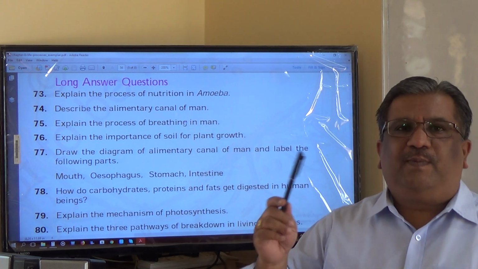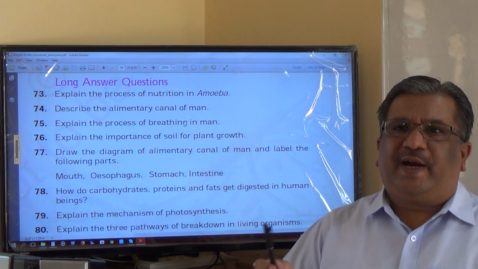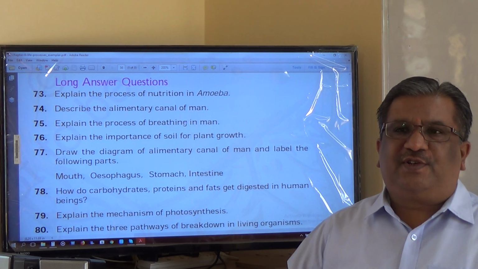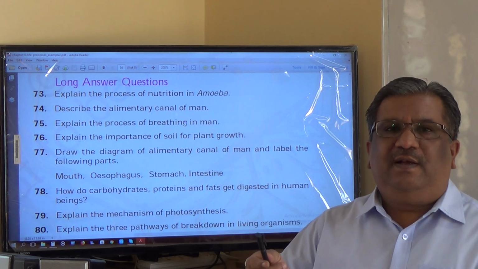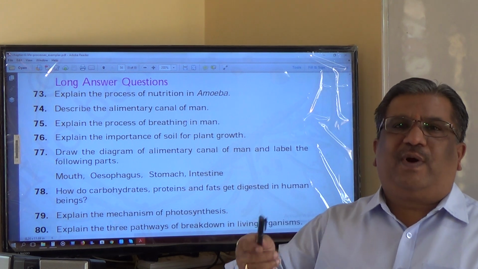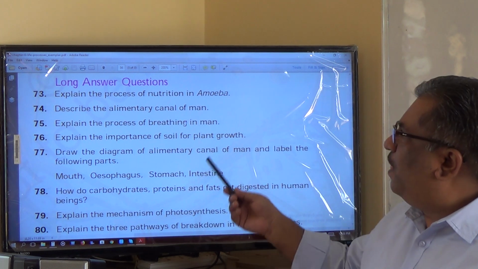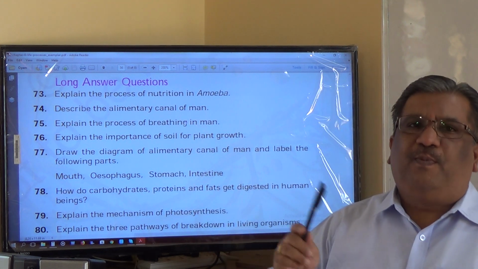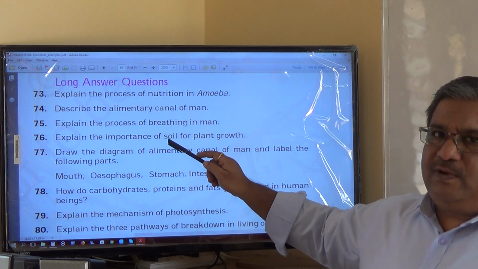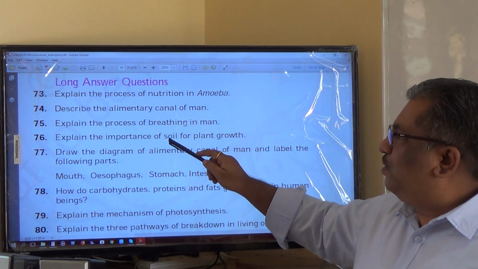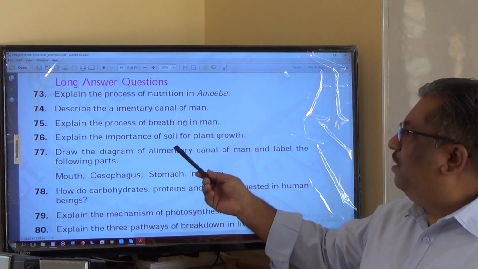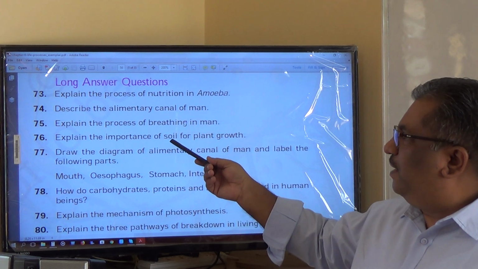Because for atmospheric nitrogen fixation, the bacteria present in the soil help in conversion of nitrogen into the form of nitrites and nitrates that are required by the plant and can be absorbed by the plant. That means only if the top soil is porous will the plants grow. Also, the soil provides water and minerals. This is how you can explain the importance of the soil.